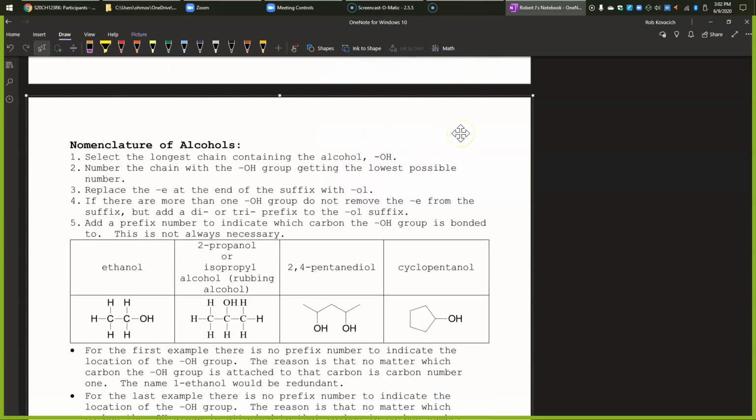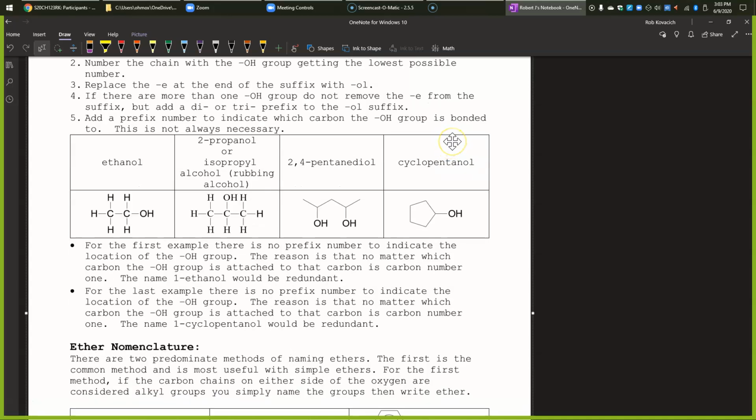So let's talk about naming alcohols. Same situation that we had with the alkenes and alkynes. I want to give the position of where the alcohol group is. So I'm going to change the suffix from A-N-E to an OL. So I've dropped the E off, and then instead of having it be ethane, it's ethanol.